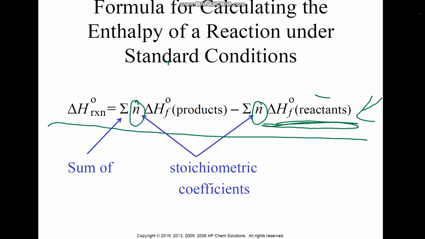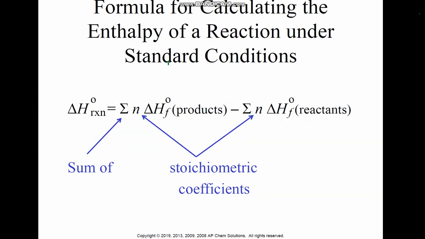You're breaking these bonds, so you need to change the sign. They'll have the same magnitude, but the heat of formation is going to be the opposite sign from what you have in your appendix. So the overall equation is the products minus the reactants.